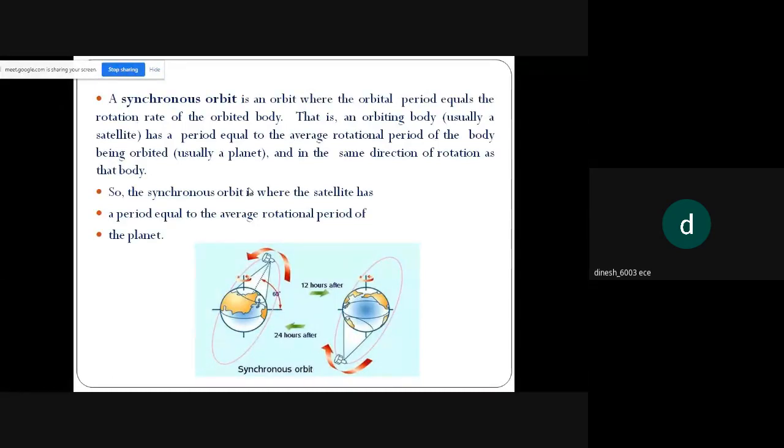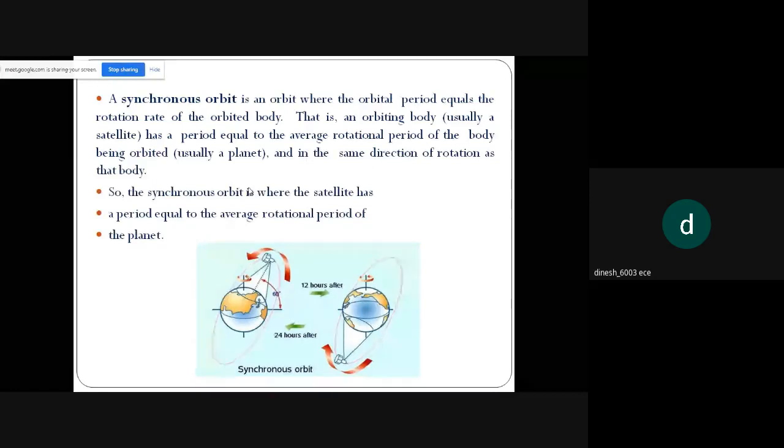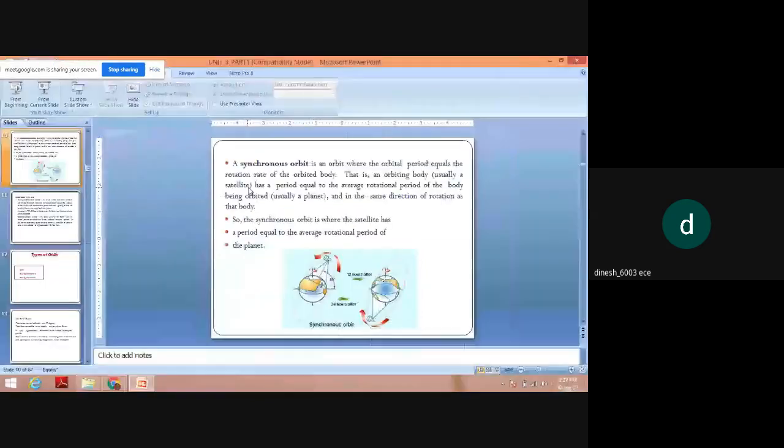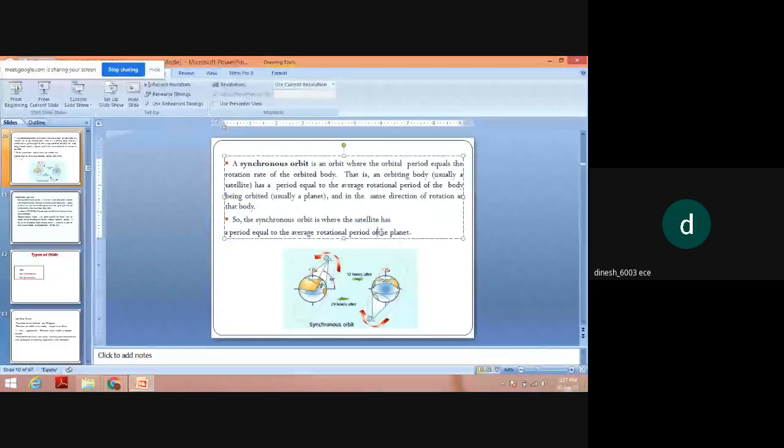So the synchronous orbit is where the satellite has a period equal to the average rotational period of the planet. So this we call as synchronous orbits.